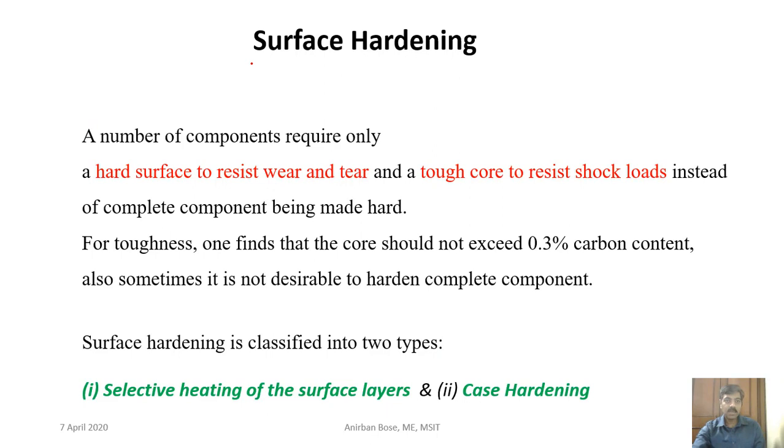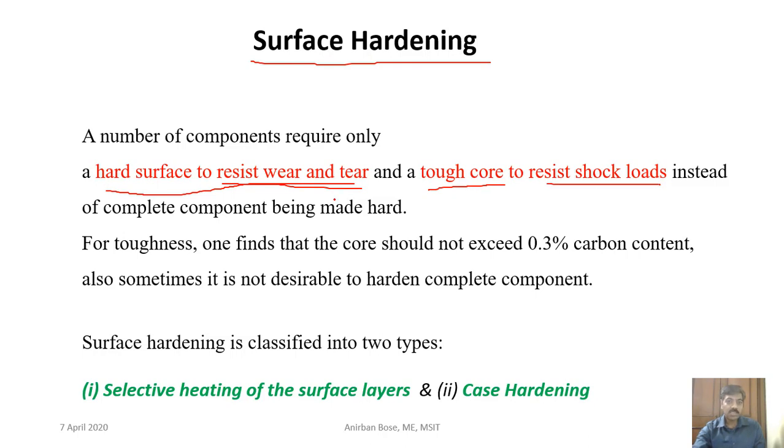Now we'll see surface hardening processes. Many times hard surfaces are required because the component is made to resist wear and tear at the surfaces, whereas we need a tough core to resist shock loads.